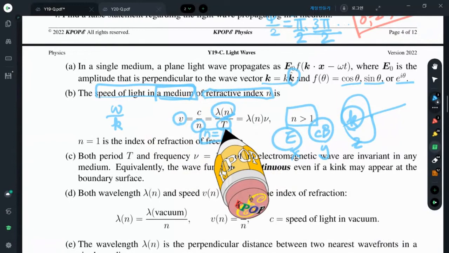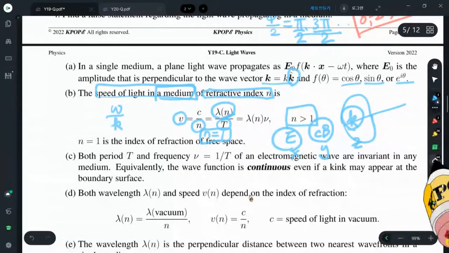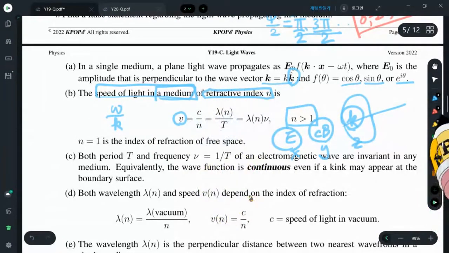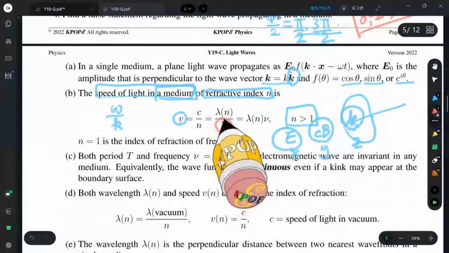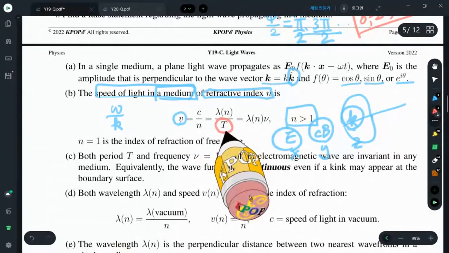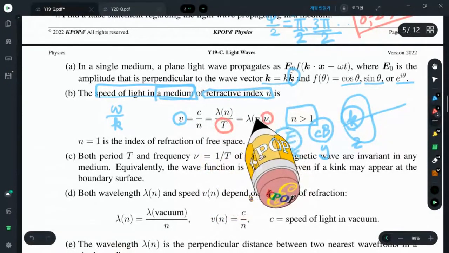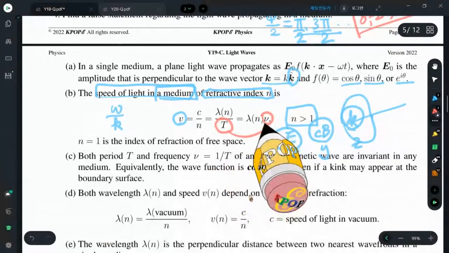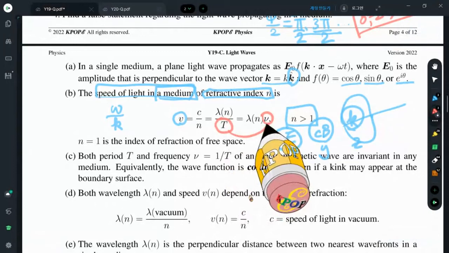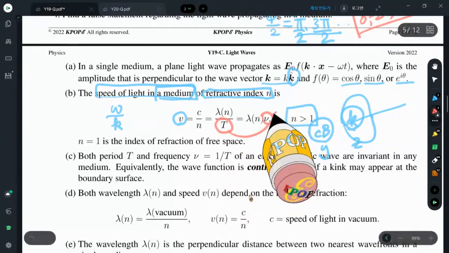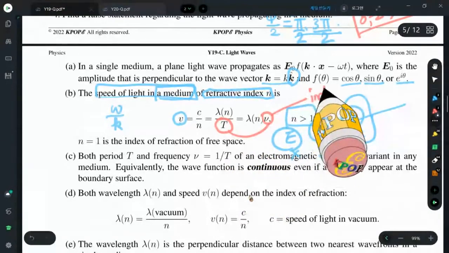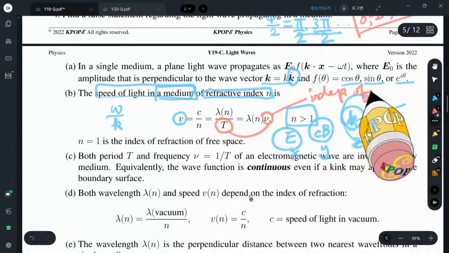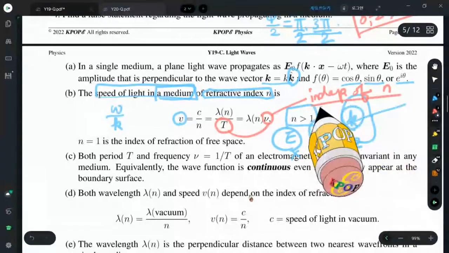However, we can see the period and its reciprocal, frequency, do not have an argument. That means they are independent of n.